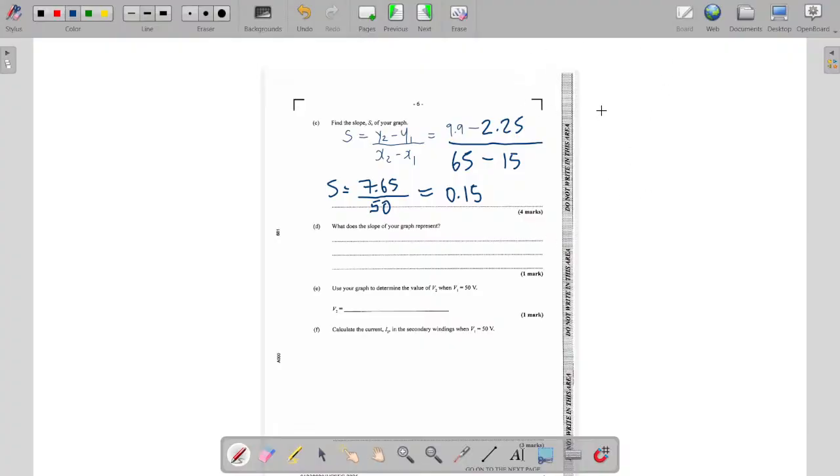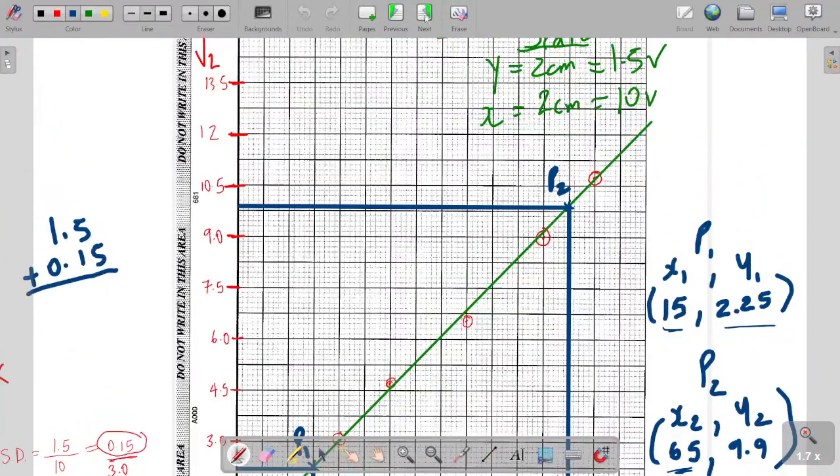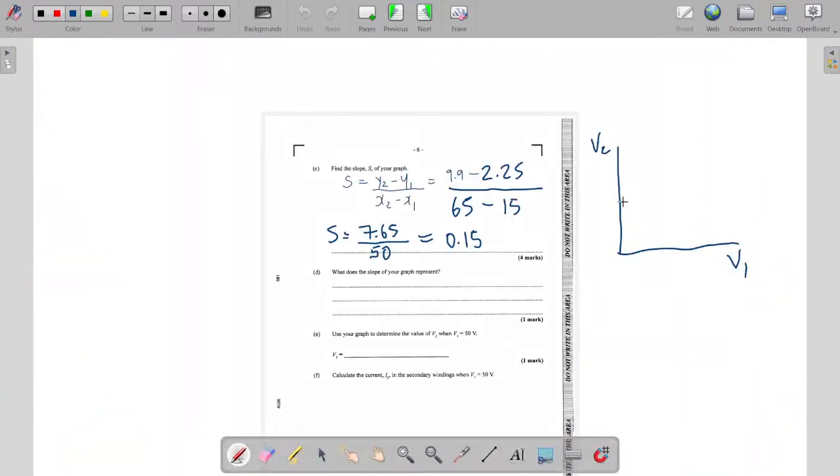So since it is a graph of V2 versus V1, that was what we were supposed to plot. So if we go back to our graph, we plot a graph of V2 versus V1, right? So they're asking us, what does the gradient of this graph represent?